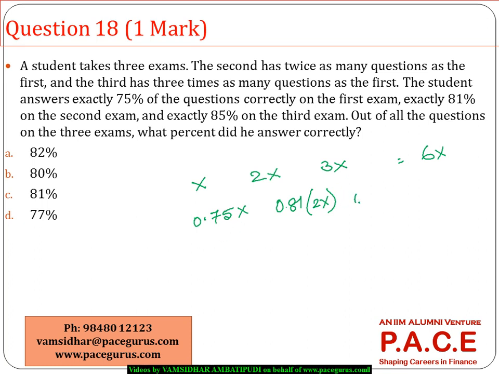And exactly 85% on the third exam, so 0.85 into 3x. So totally how many questions did he answer correctly? 0.75x plus 1.62x plus 2.55x. So all this I can add up.